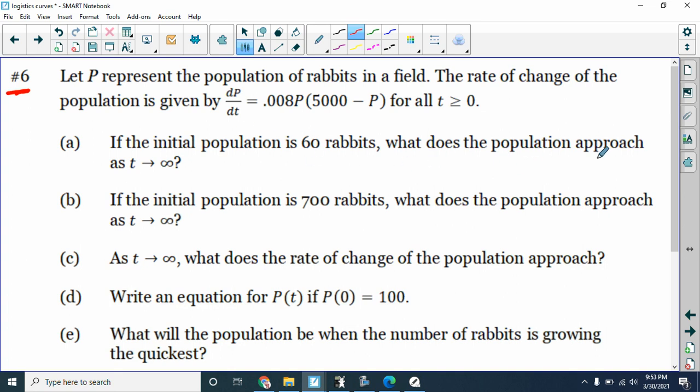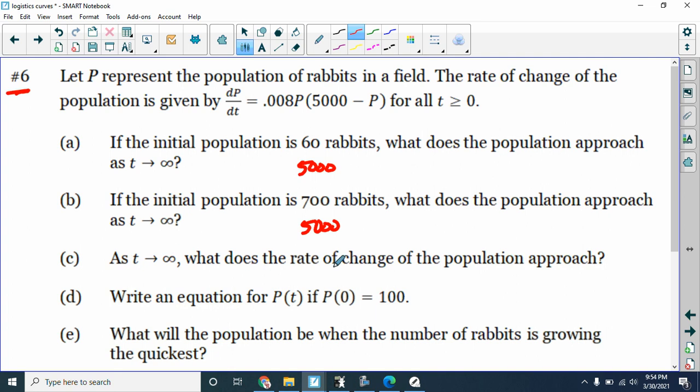What does the population approach as t goes to infinity? As t goes to infinity, we are going to approach the limit. Notice this one is not 1 minus p over L. This one's L minus p. Either way, the limit is 5,000. Whether we introduce 60 rabbits or 700 rabbits, the population is going to approach 5,000.